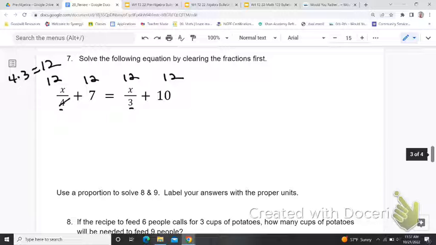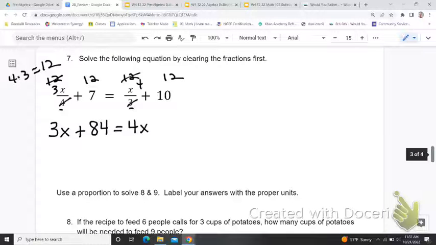So the 4 goes into the 12 3 times, so this becomes 3x. 12 divided by 4 is 3. There is no fraction for the next part, so 12 times 7 is 84. 12 divided by 3 becomes 4x. And then 12 times 10 is 120.